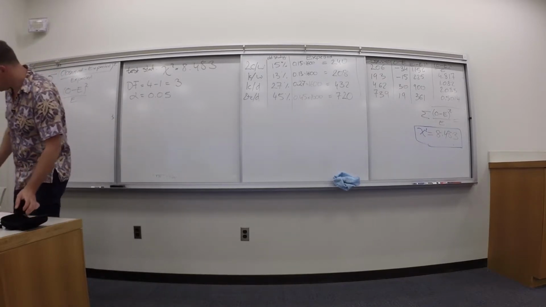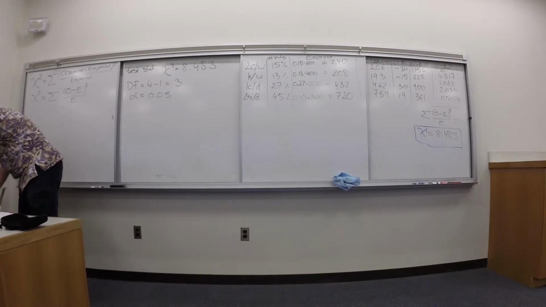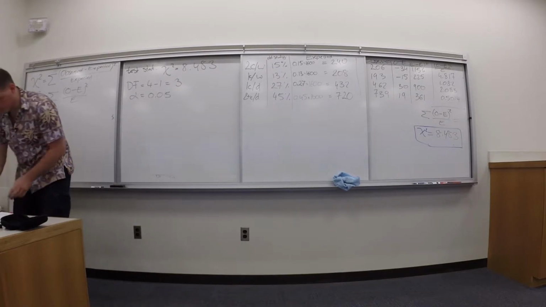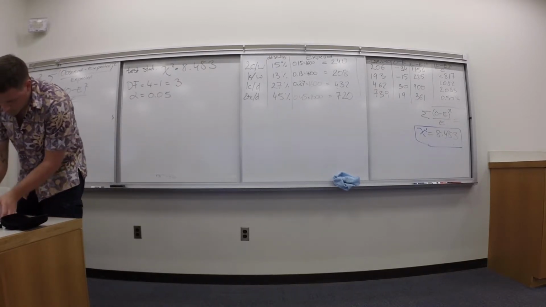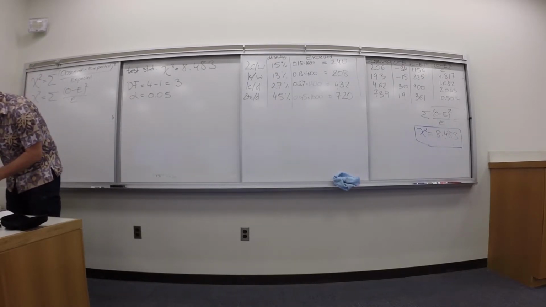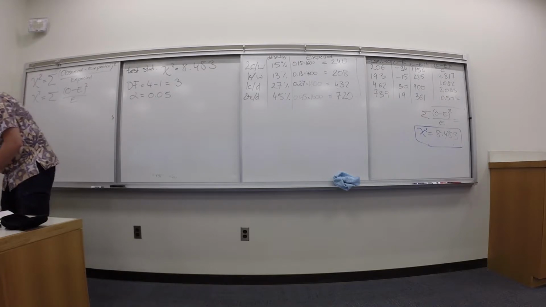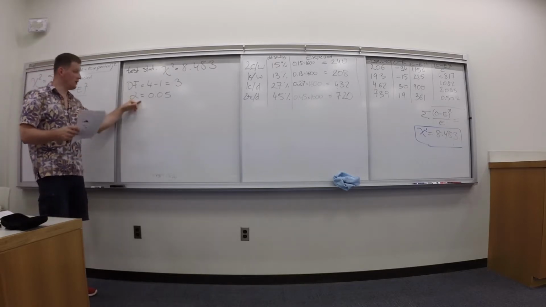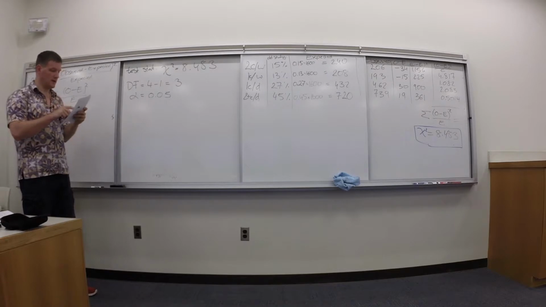So now if we look at the chi-square table, where is my chi-square table? So we're looking at alpha 0.05 and 3 degrees of freedom.